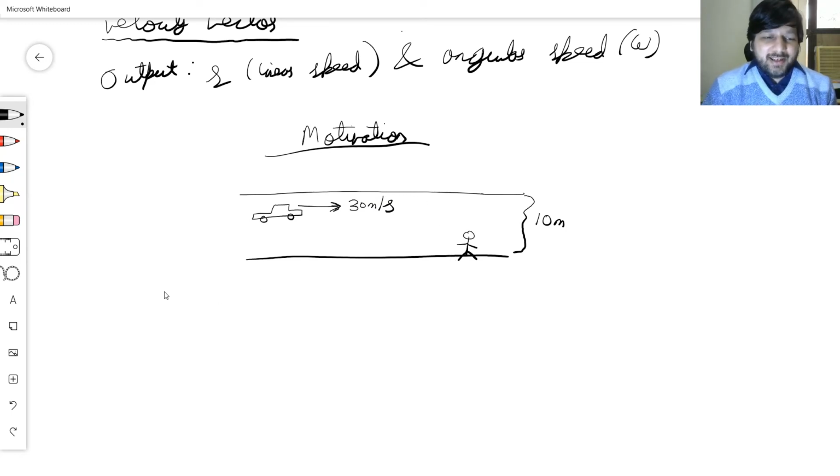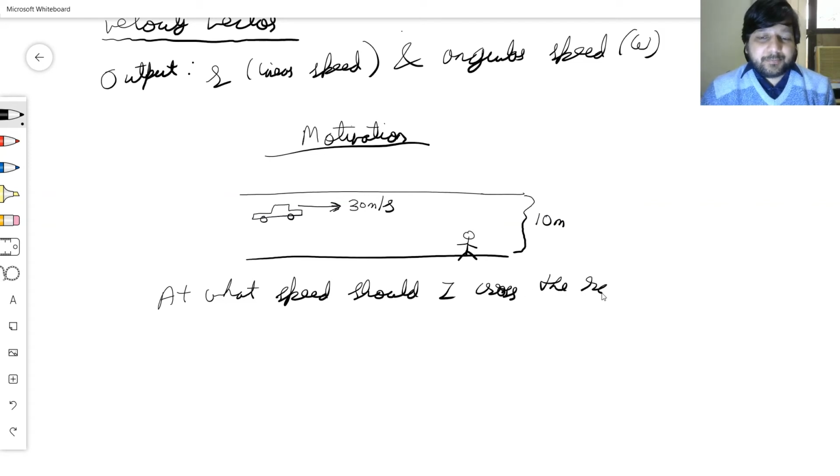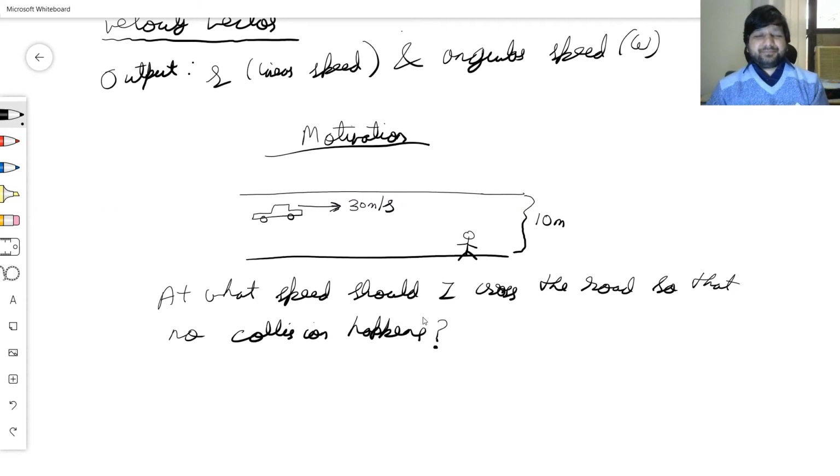My question is, at what speed should I cross the road so that no collision happens? So two cases arise. I cross it much before this vehicle goes, and I cross it after this vehicle goes.